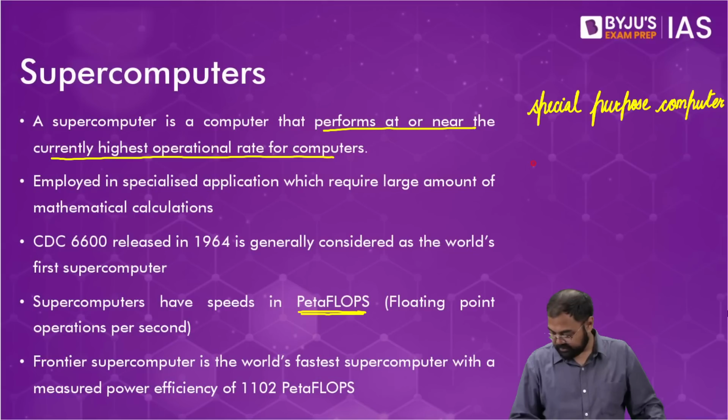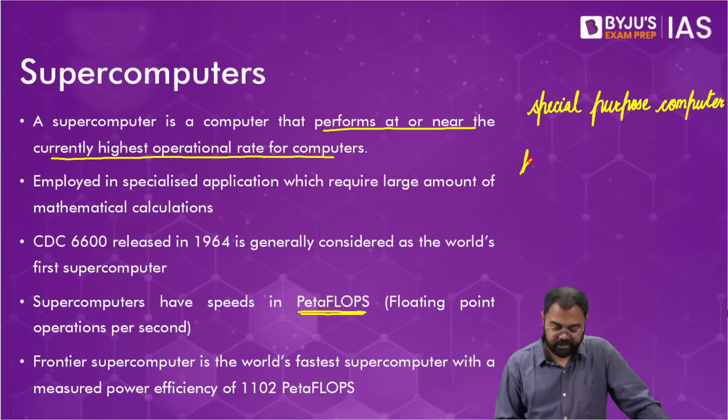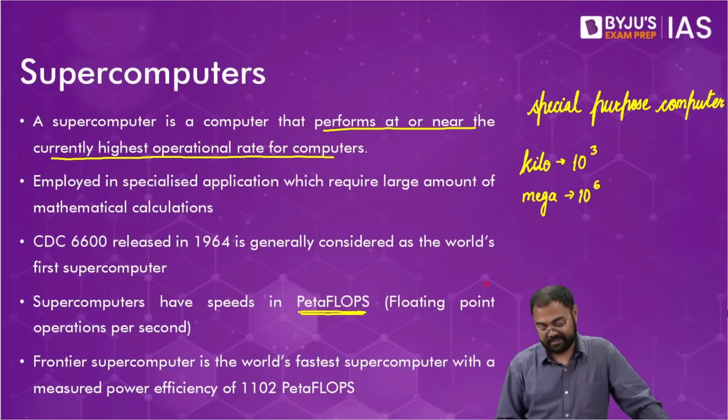Yeah, Shamil, you are correct. Aniket, you are correct. Yeah. So see, this is how we go. You might know about kilo. How much is kilo? Kilo is 10 to the power of 3. Then after that you have mega. Mega is 10 to the power of 6.